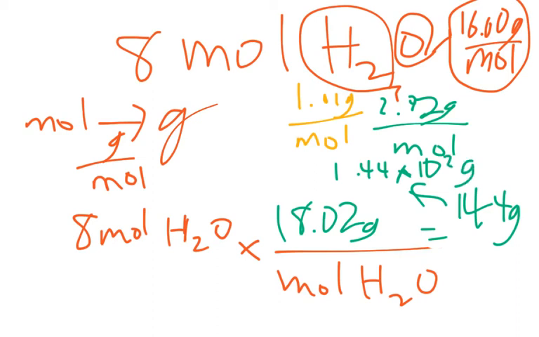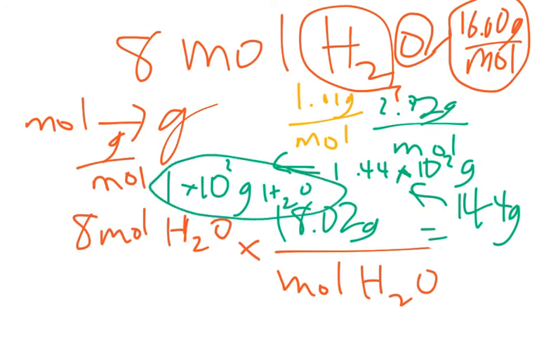So instead of 1.44, we will round down and simply have 1 times 10 to the second grams of H2O. Now I know that's a lame number because it's nowhere as accurate as 144 grams, but in the laws of sig fig, this just has to happen. So just accept it and go with the flow.